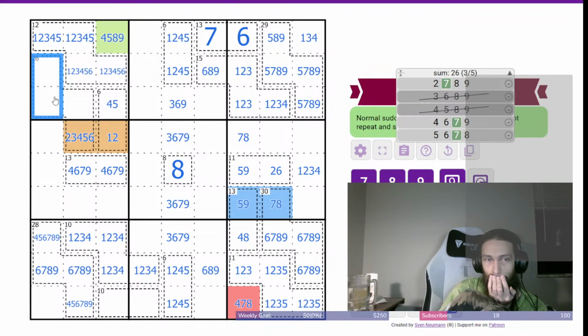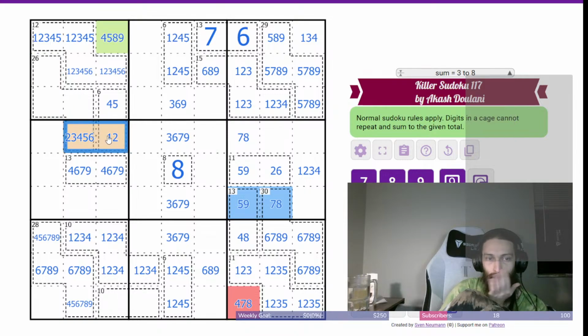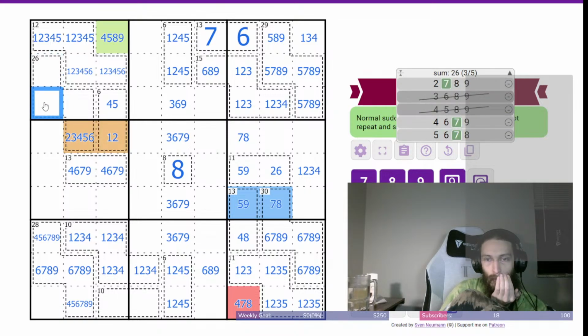Well, an 8 or 9 is going to have to go in there. Because while it could be, 1 could be in the green, it can't go outside. Plus, you need an 8 or a 9 anyway in 26.